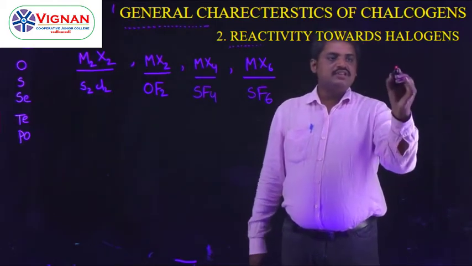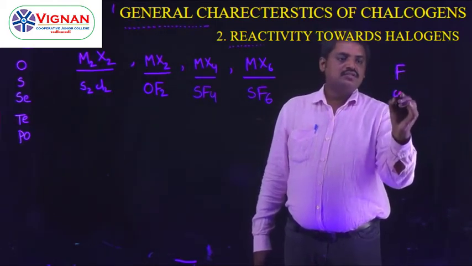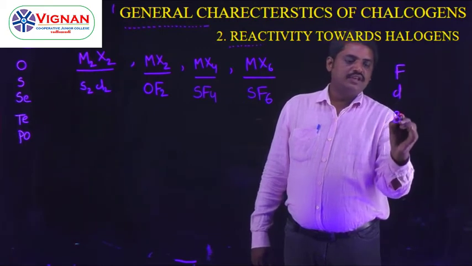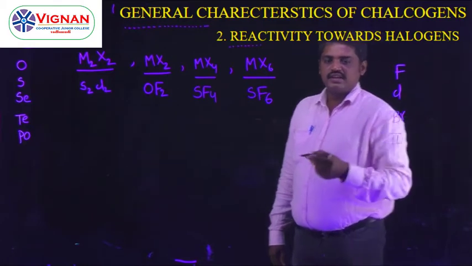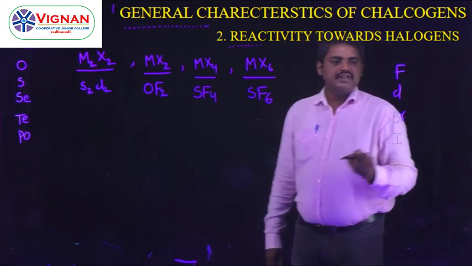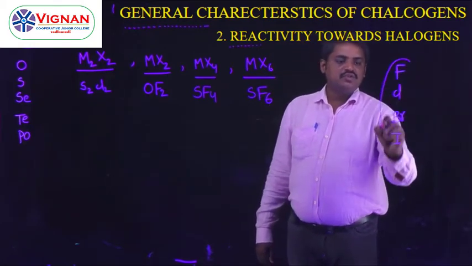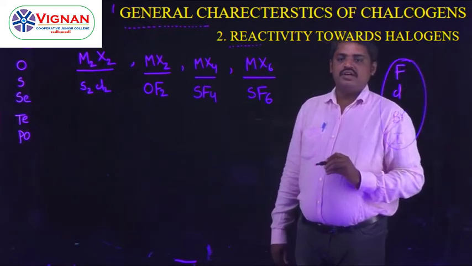Generally, halogens are known as 7th group elements. These elements are fluorine, chlorine, bromine, iodine, and astatine is a recently discovered element, but the halogens are fluorine, chlorine, bromine, iodine.